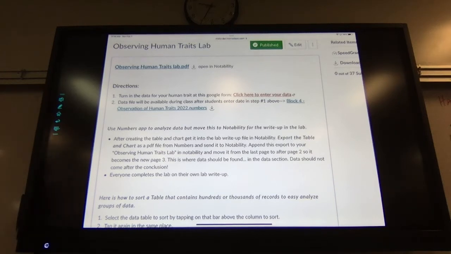Open up your data file in Numbers. Right there.